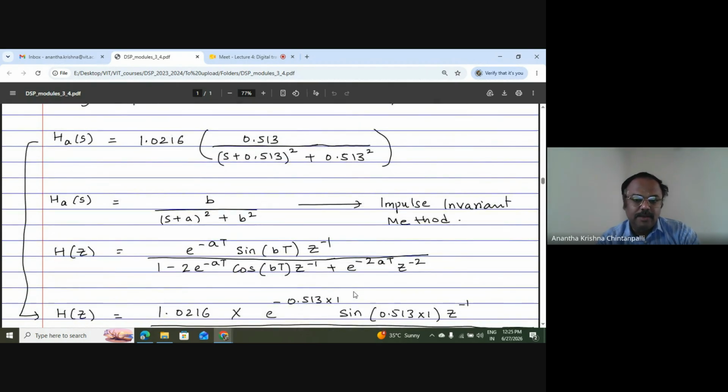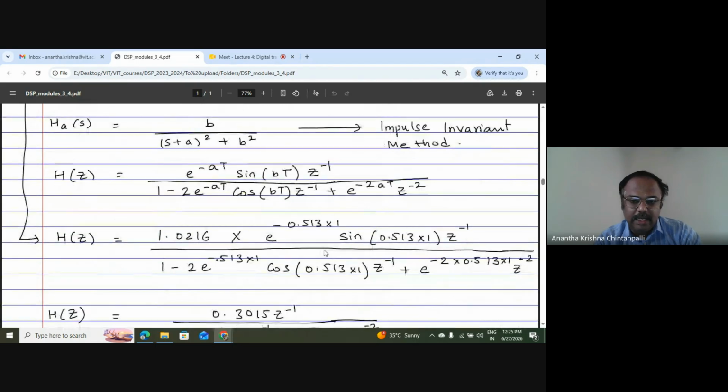What I'm going to do here is, a and b in this example happen to be 0.513, with the multiplicative term as this. So I put the multiplicative term, and wherever I see a, I replace it by 0.513, and b also the same value, and then finally I get this expression. So this is e to the power of minus 0.513 T, with T as 1, times sine of 0.513 z inverse, divided by the denominator.